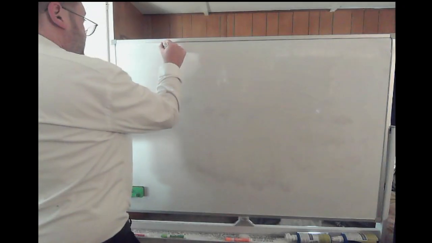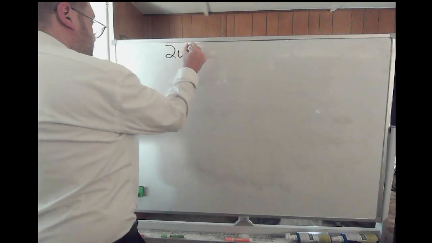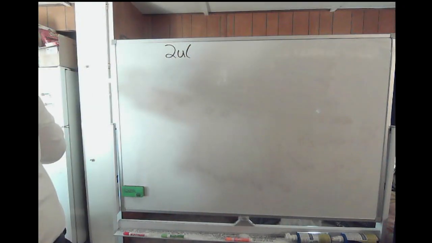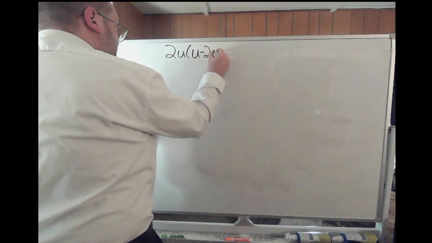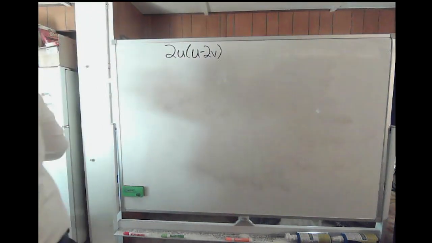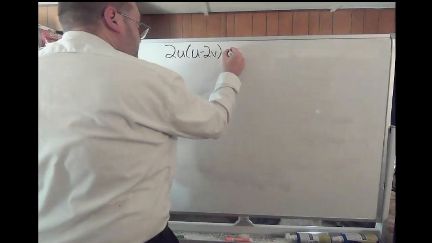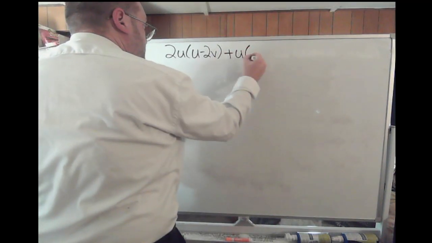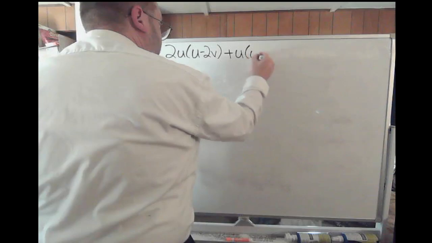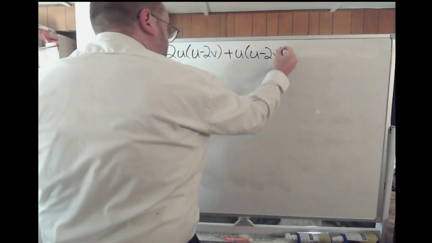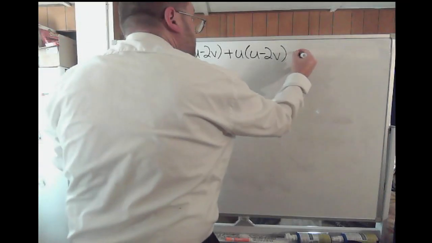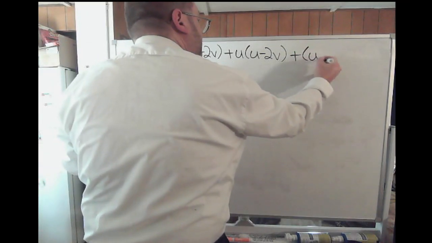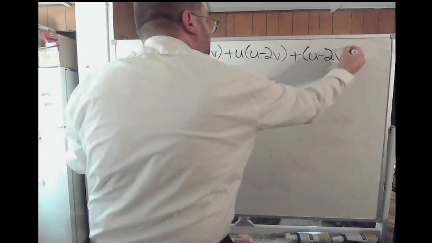Let's see here. We have 2u times the quantity of u minus 2v plus u times the quantity of u minus 2v plus the quantity of u minus 2v.